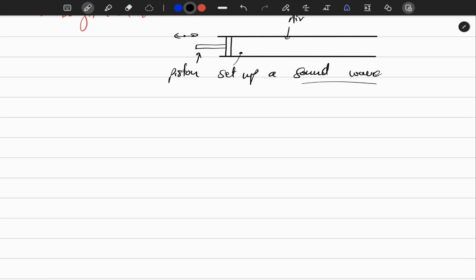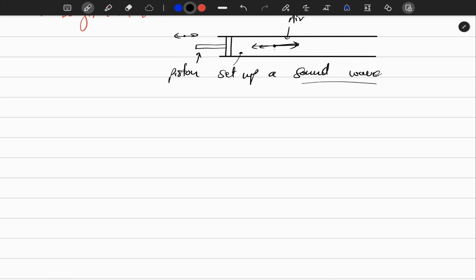Because now if we consider this air molecule or air element, then it will follow the oscillations of the piston. So the oscillation will be in this direction. It will first go like this, and then it will come back to the mean position, then it will go this side.